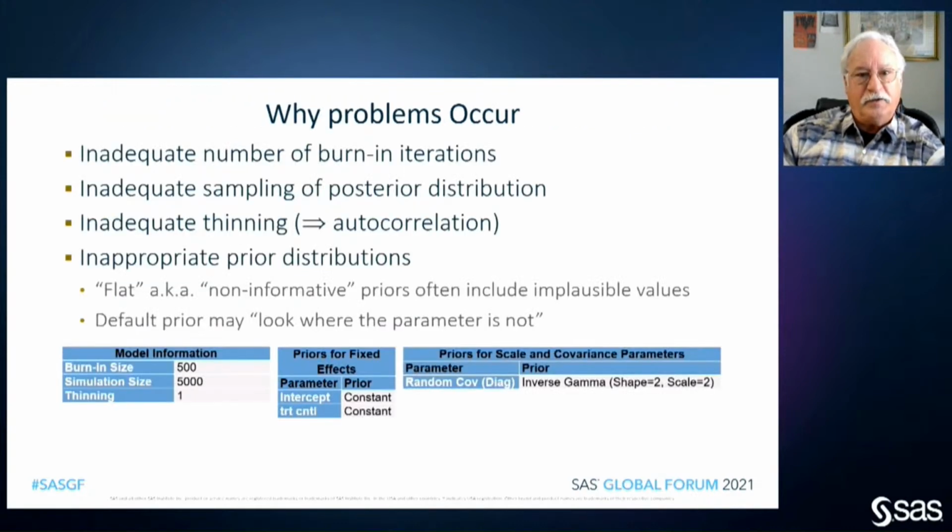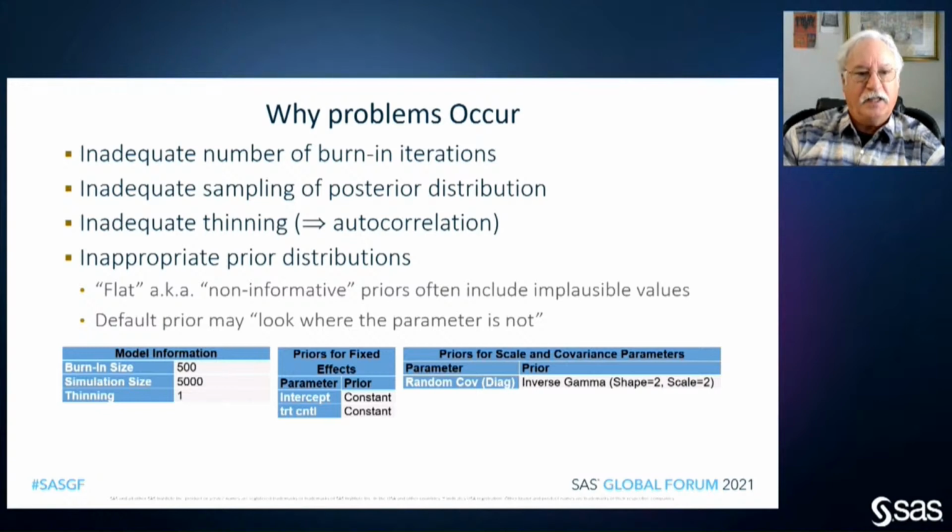Okay, so what do we need to do? Well, problems occur when we have an inadequate number of burn-in iterations, when we have inadequate sampling of the posterior distribution, when we have inadequate thinning. What typically happens when we're sampling the posterior distribution is instead of taking every iteration, we only take every 5th or 10th or even 25th iteration, and that's called thinning.